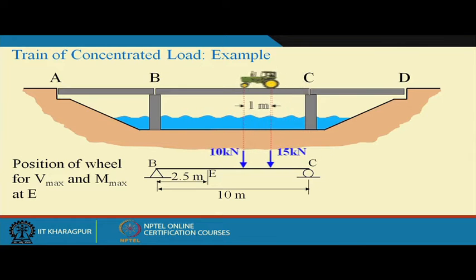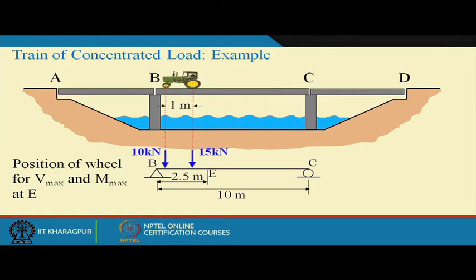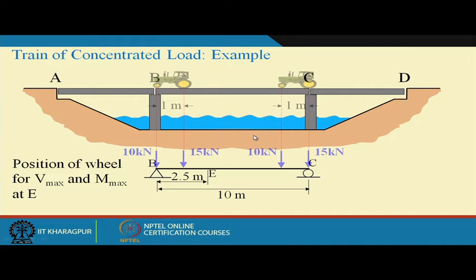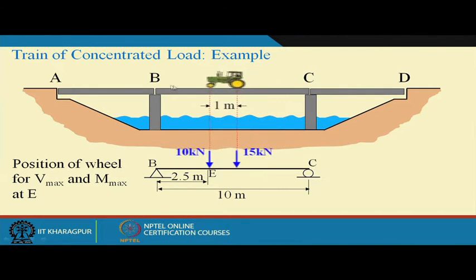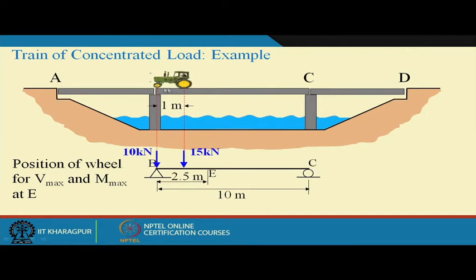Take this example. This example is again the same problem where we have a vehicle moving on this bridge, and there are two wheels 1 meter apart, and the total load of this vehicle is 25 kilonewton.